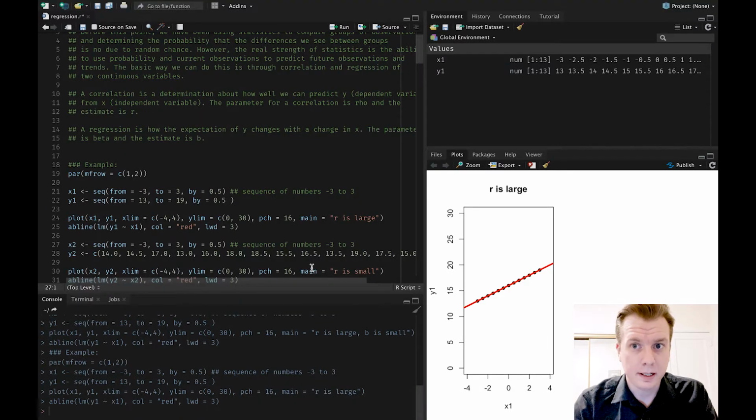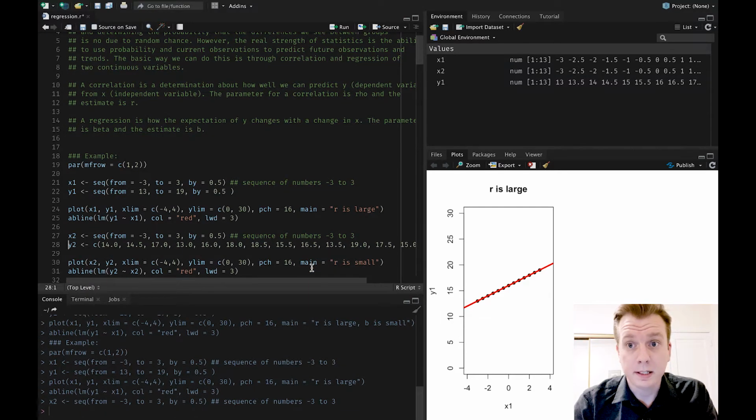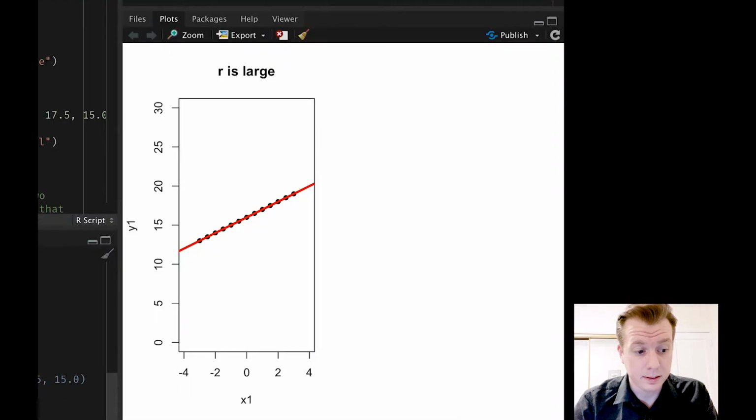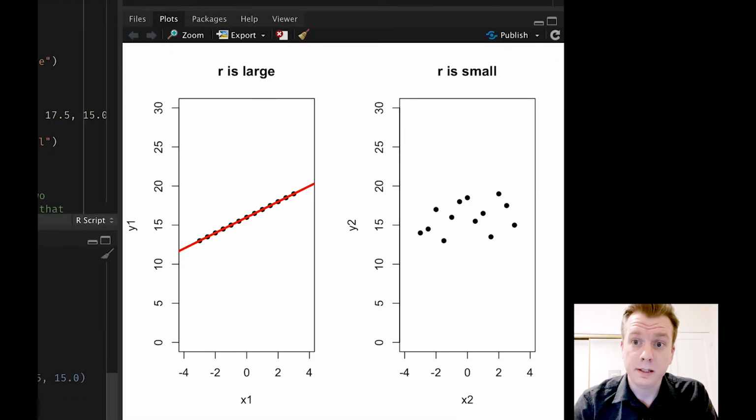So let's take a look at a correlation that isn't so great. Here is another x2, which is the same sequence of numbers, -3 to 3, but then I just put a bunch of random numbers for y2. Run that, take a look at that plot. See, these points are more scattered. They don't make a really nice line.